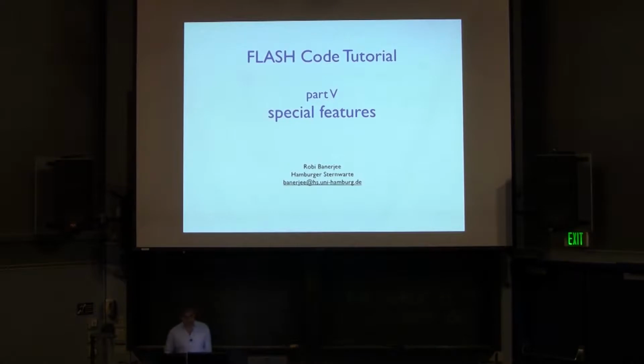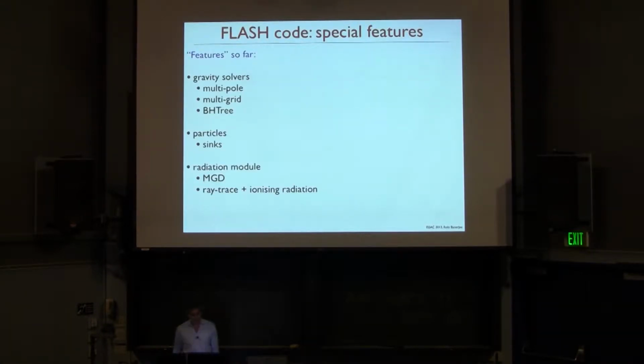So yeah, let's get started with flipping through a couple of what I would call special features. So far, these are the features we were talking about on the Flash code. Apart from solving, of course, the hydrodynamics and magnetohydrodynamics, it comes with gravity solvers, which we talked about, of different kinds.